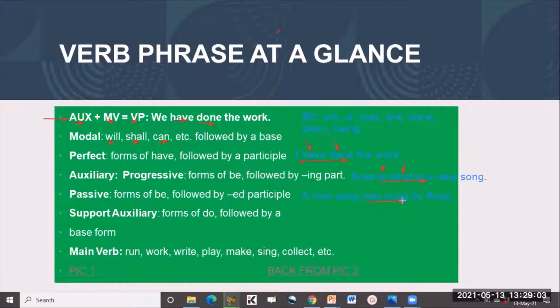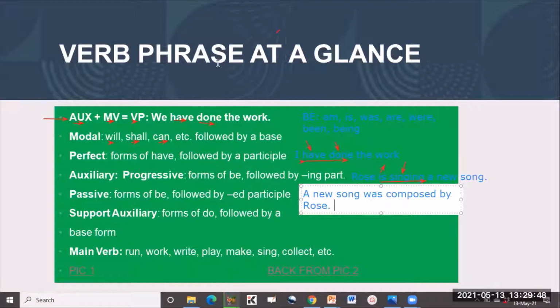All right? Then what if we now change this to something else so that you will be able to understand it quite clearly? All right, so let me try to rephrase this. A new song was composed by Rose.